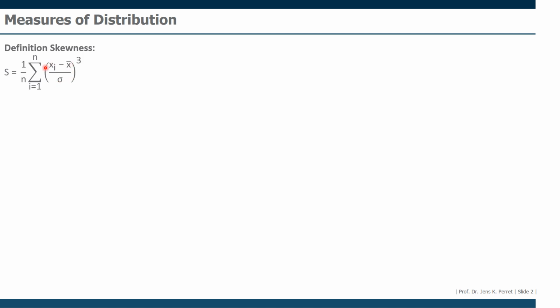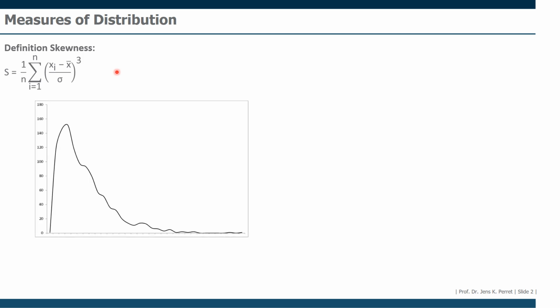Once we have standardized all our values, we're going to take them to the power of 3, sum all of these values up, and divide them by the number of observations. So it's similar to what we did with the variance. Variance was to the power of 2, and it was just about the difference, not the standardized difference. So similar but not the same as the variance.